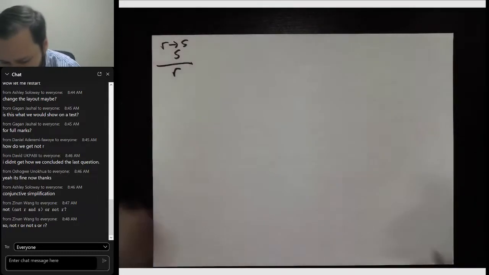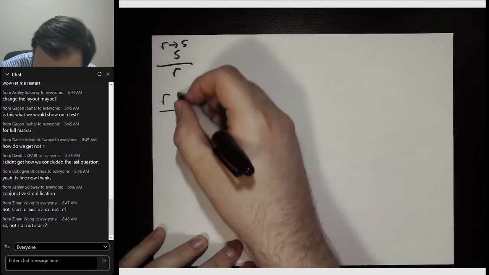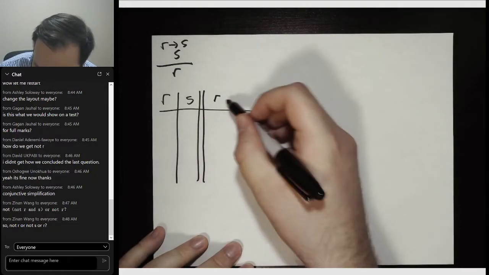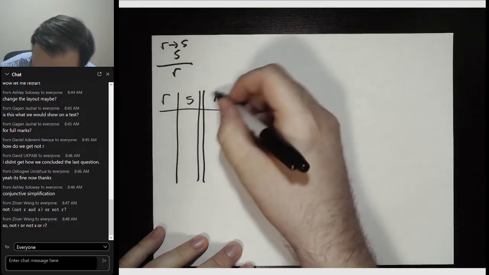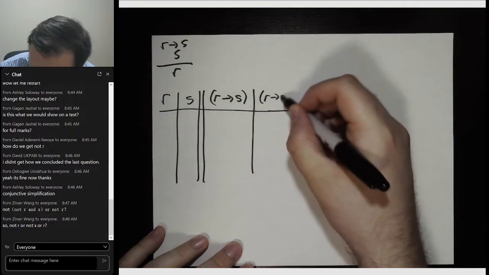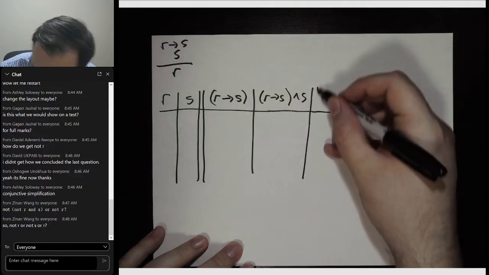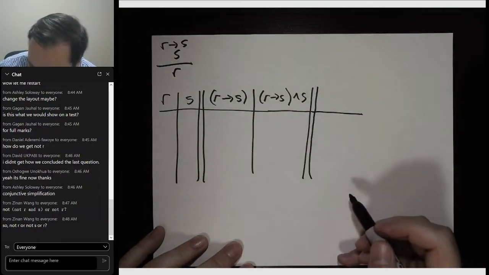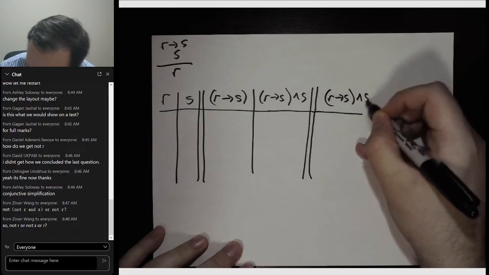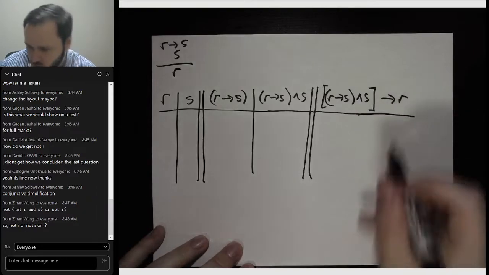But I want to move on to this one and look at this one in a truth table. So we have R and S. And then as an intermediary, let's look at R implies S, and also R implies S and S. And our argument, if we put our whole argument together, is R implies S and S implies R. This is what our argument claims.